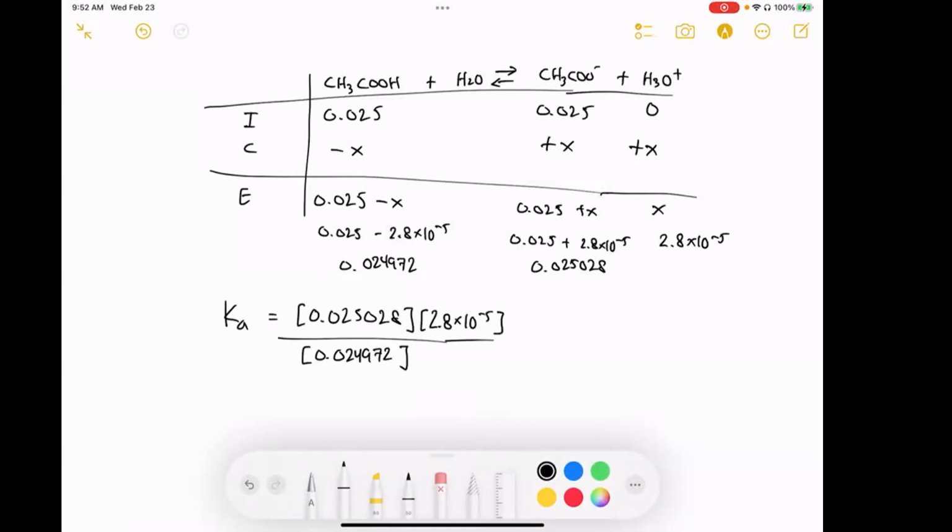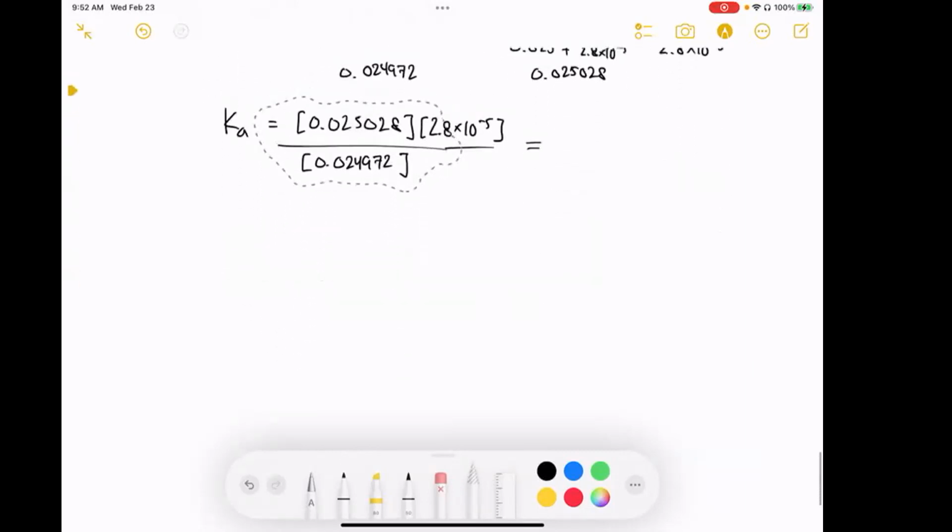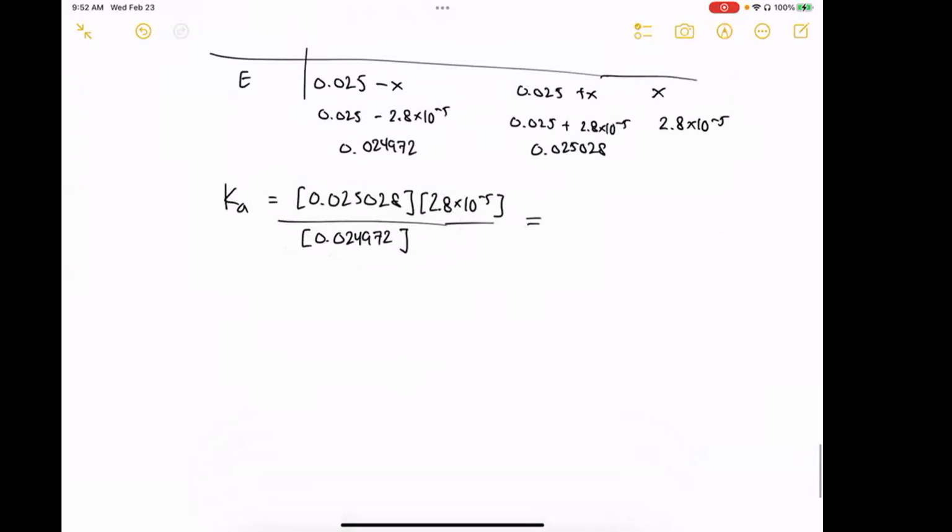You see how these values are so close to each other that they're pretty much equal to 1.